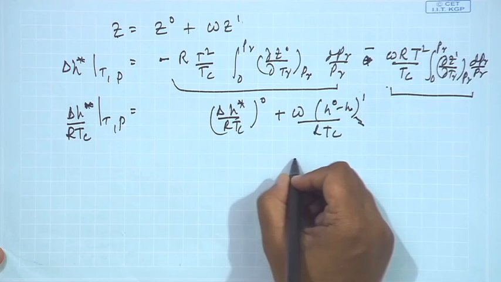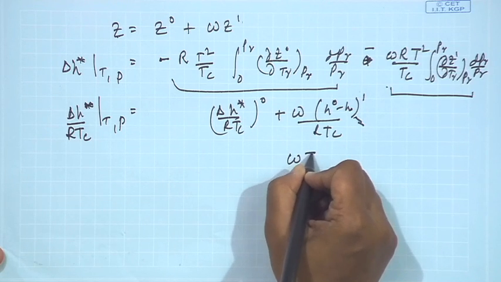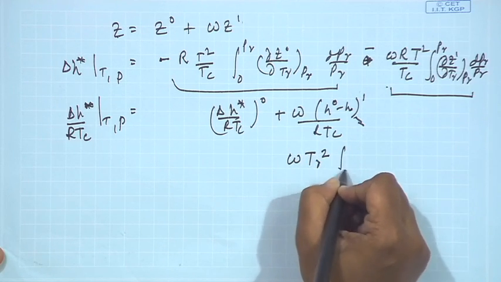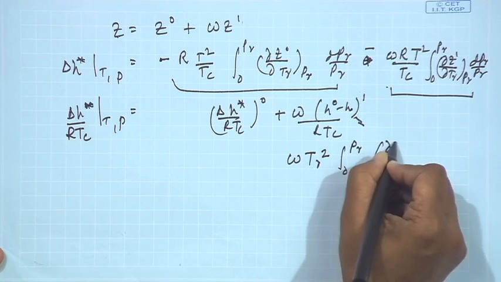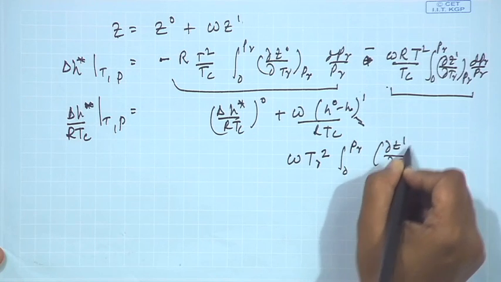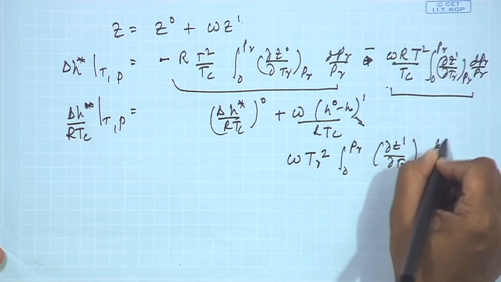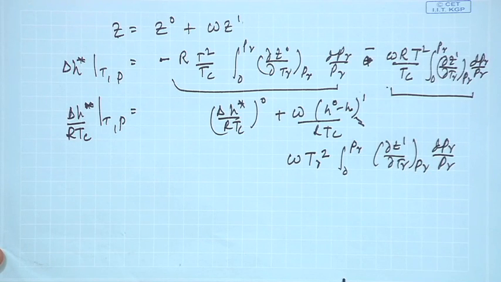This term can be written as omega TR square integral 0 to PR del Z1 del TR at constant PR dPr by PR, right.